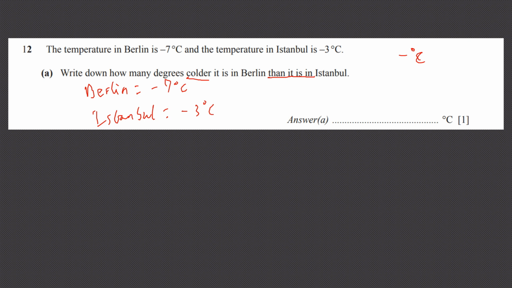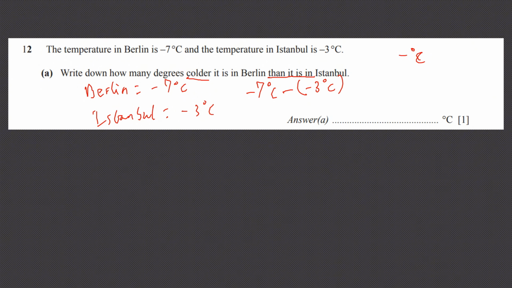So Berlin's temperature is -7 degrees Celsius, so we first start with -7 degrees Celsius, and this is just finding the difference, which is the same thing as the minus. We'll put a minus sign here, and then we'll put into brackets -3 degrees Celsius, with this being Istanbul's temperature.